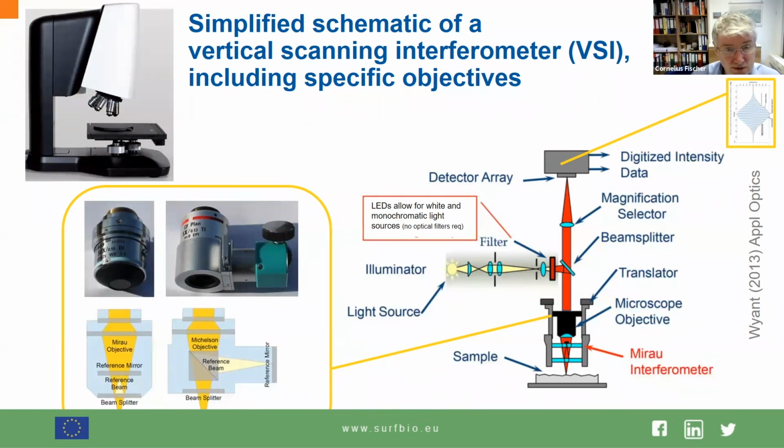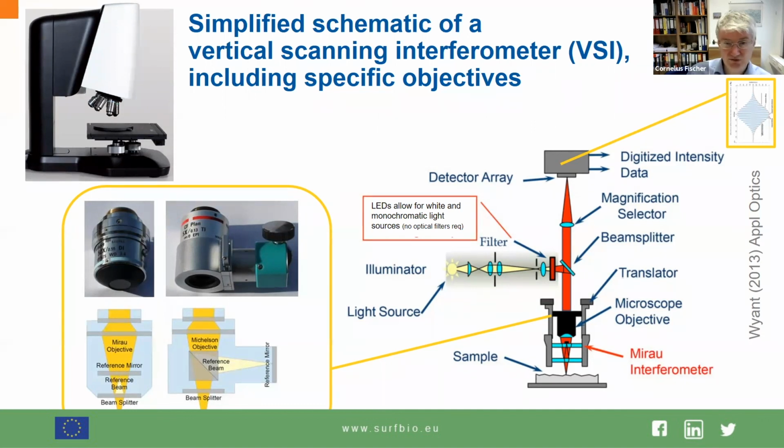And if you go now to the details, it looks a little bit different with respect to the light beam that is utilized here. On the left side, it's still what we have seen. We have some LEDs where we can get monochromatic light, or we switch things together. We have white light available, and that's what is fed into the red colored beam path here.